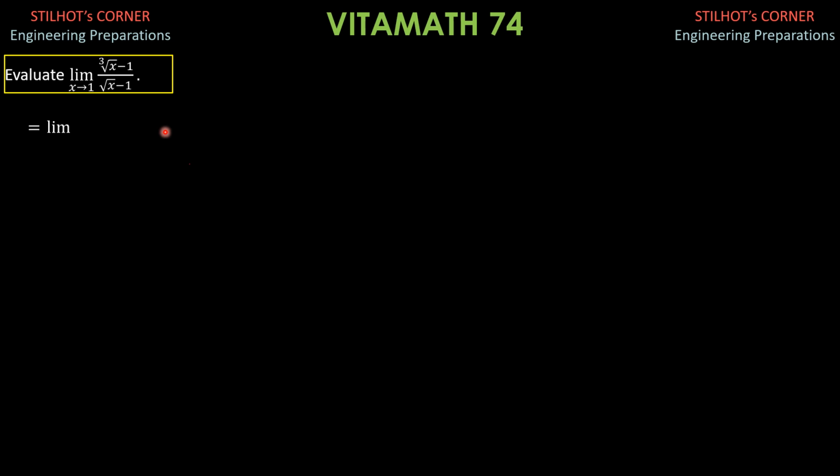So we have the limit as x approaches 1 of x to the 1/6 quantity squared, or x to the 1/3, minus 1 over x to the 1/2 minus 1. Since the LCD, least common denominator, of the indices is 6, then we're going to transform the numerator and denominator.